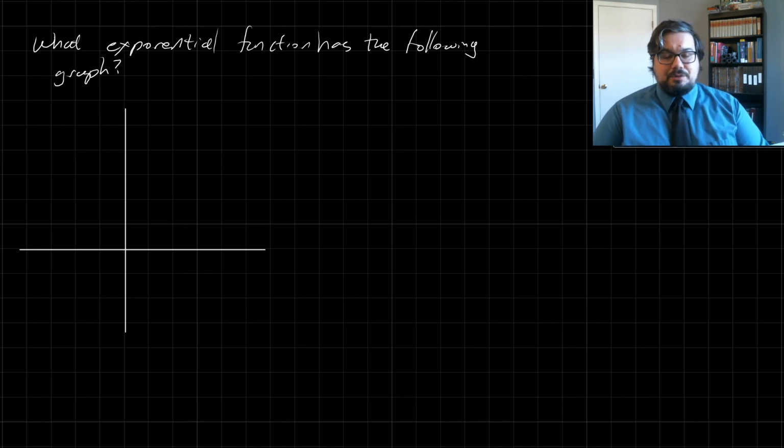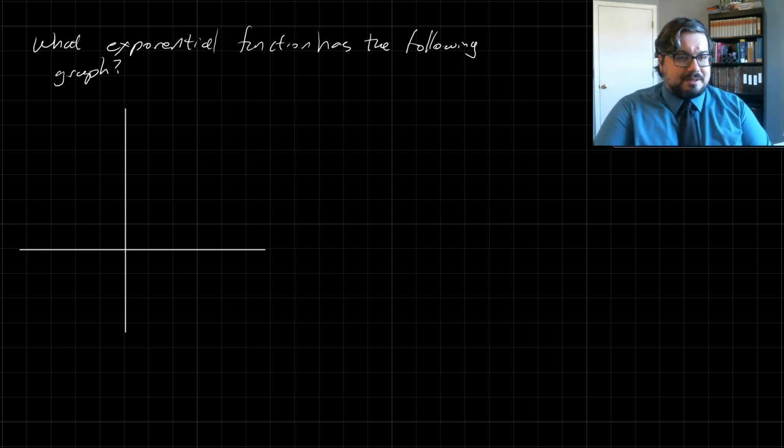We can use this to check things. However, let's say that we have a function that does appear to be an exponential function, and goes through the point 2 comma 49.